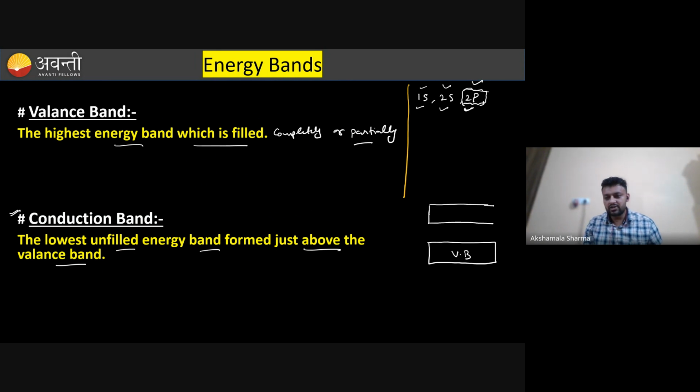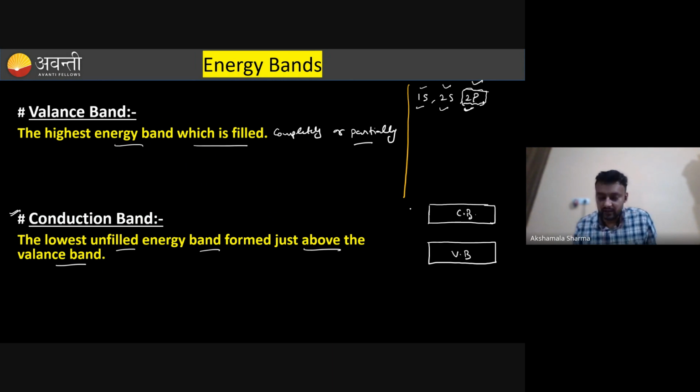This is the general representation. This is the conduction band. As you move away from the nucleus, the energy keeps on increasing. So the higher the orbit, the higher the energy. That's why I have drawn the conduction band above the valence band.